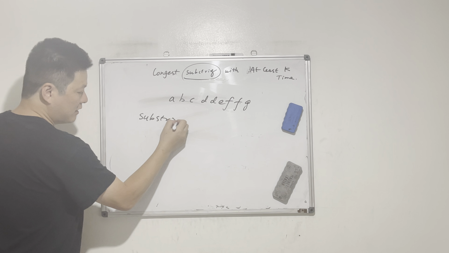Remember, when we want to count the number of characters appearing in a string, what kind of data structure can we use? Counter. Counter, yeah. Okay, so let's implement this brute forcing first, okay?